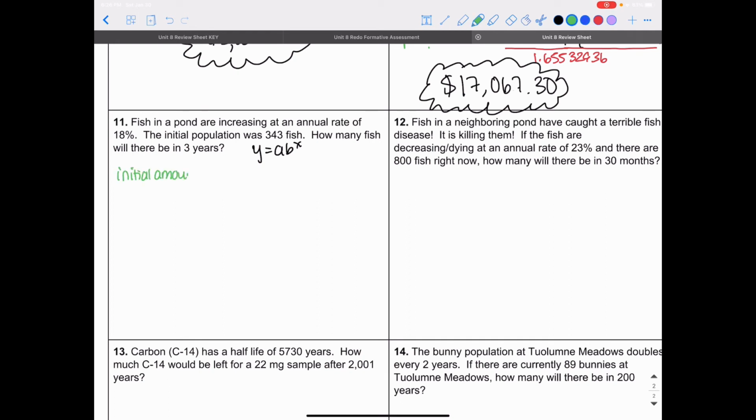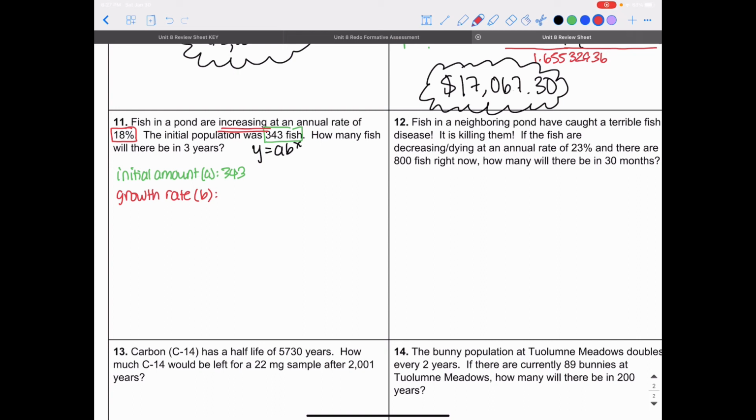The initial amount, or my A value, is 343. I know B, or my growth rate, is 18%.